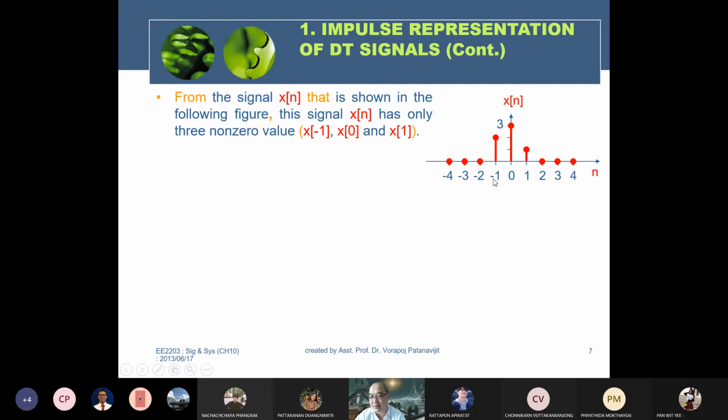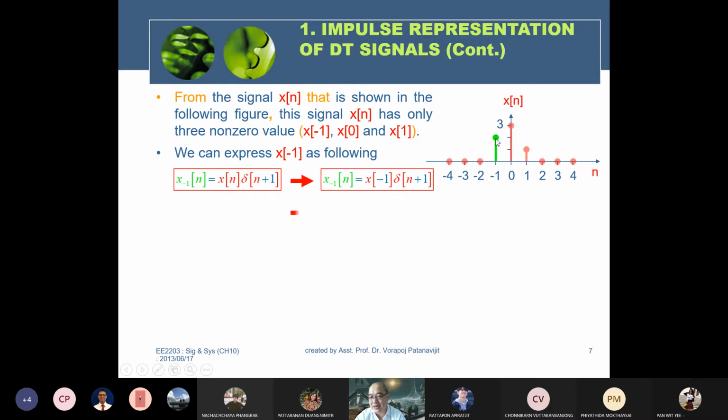The first impulse is located at -1, the second impulse at 0, and the last impulse at 1. Okay, we model the first one first, the green one. What about the green one? We can express the green one, x[-1], in the impulse function form.